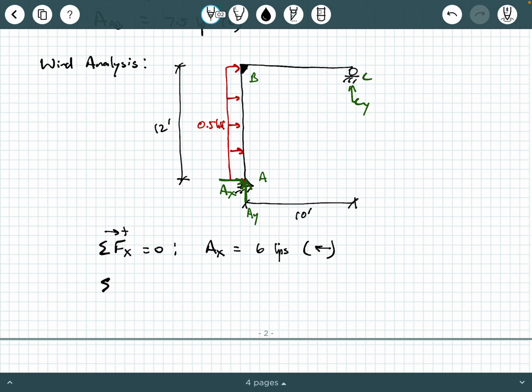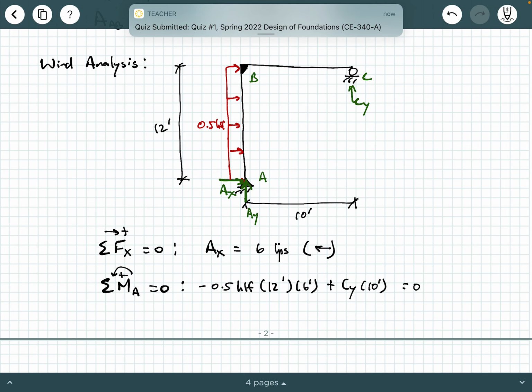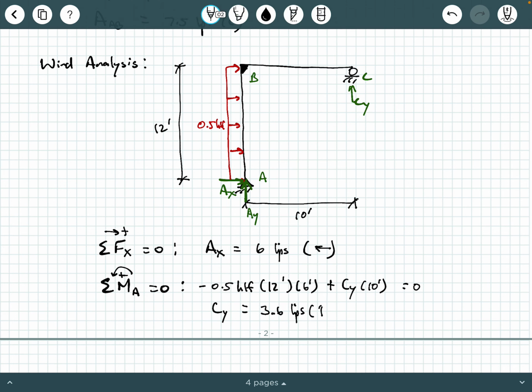Next, I'm going to say sum of the moments about A equals 0, counterclockwise positive. And, of course, we can say negative 0.5 KLF times 12 feet times 6 feet, and then plus CY times 10 feet equals 0, and we will calculate a CY as 3.6 kips pointing up.